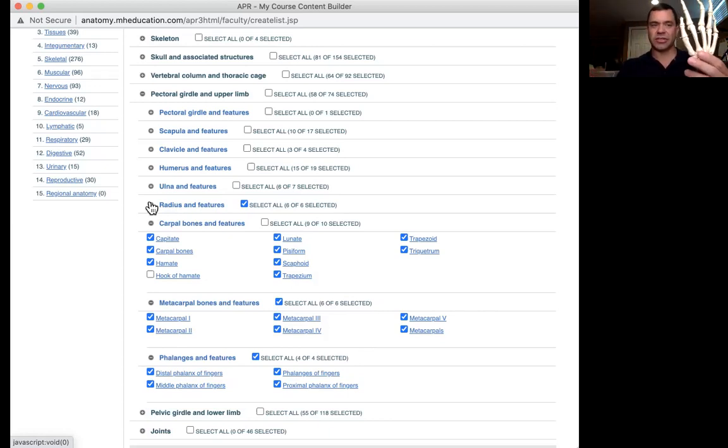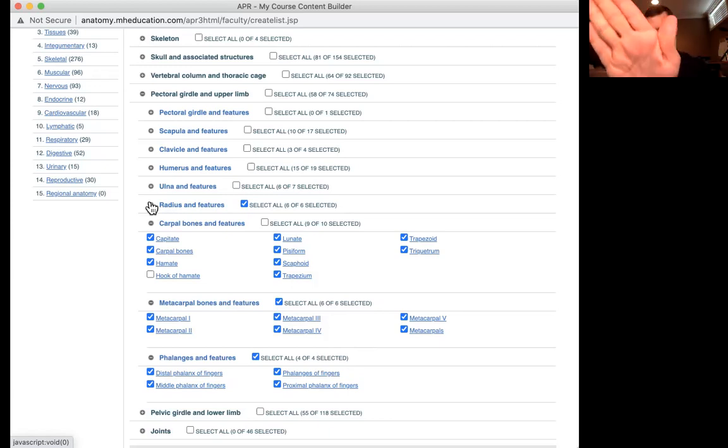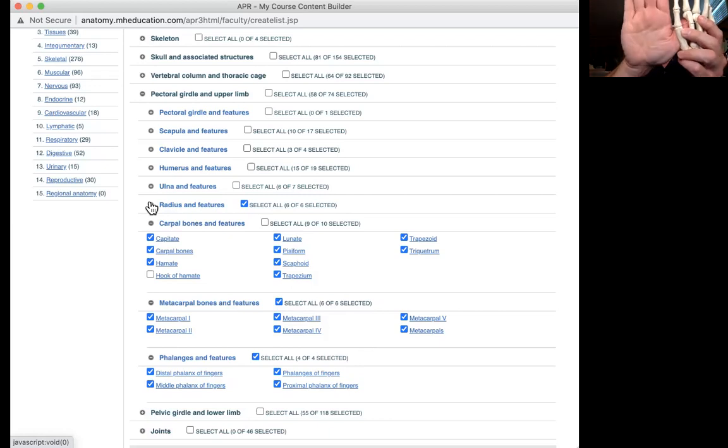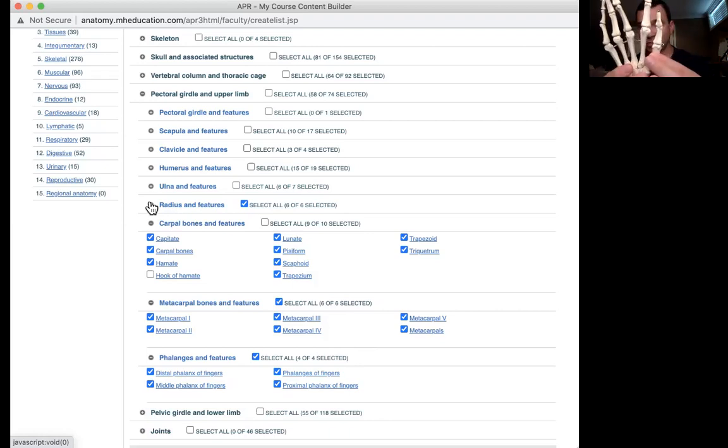Carpus means hand, so we'll have the carpal bones and then the metacarpal bones. Metacarpal bones make up the palm, right? So we just looked at our phalanges, our digits. Now we are looking at the palm. The palm is your metacarpals, and they're named according to what digit they go to.